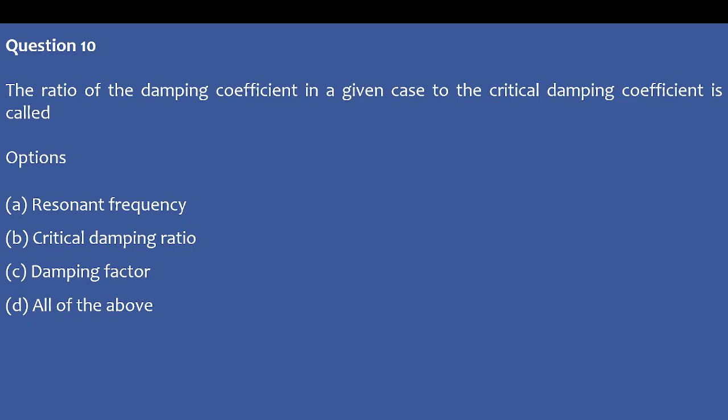The ratio of the damping coefficient in a given case to the critical damping coefficient is called. Damping factor, sir. So the ratio of the damping coefficient in a given case to the critical damping coefficient, let's say C to C critical, is basically your damping ratio.